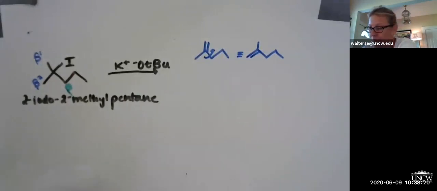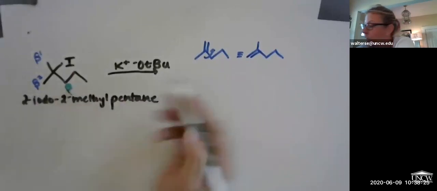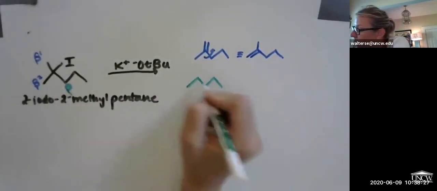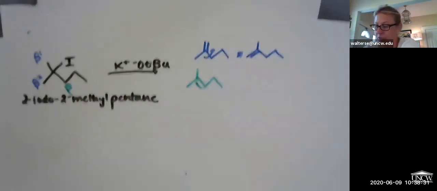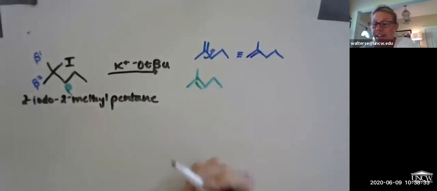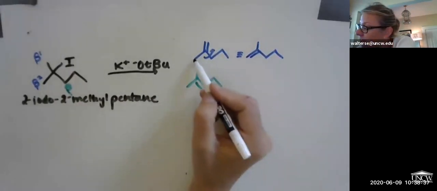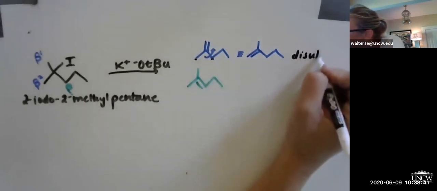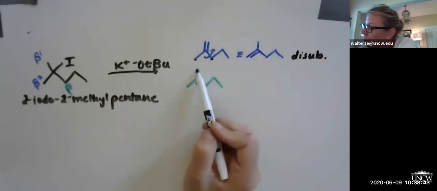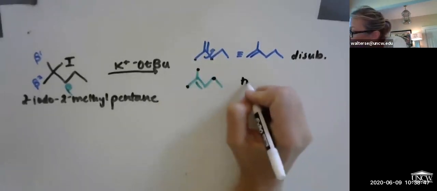Okay. If I pull from the green one, the product I make looks like this. And then I would have to identify the type of alkene I have. So there are 2 R groups here, so this is disubstituted. 1, 2, 3, trisubstituted.